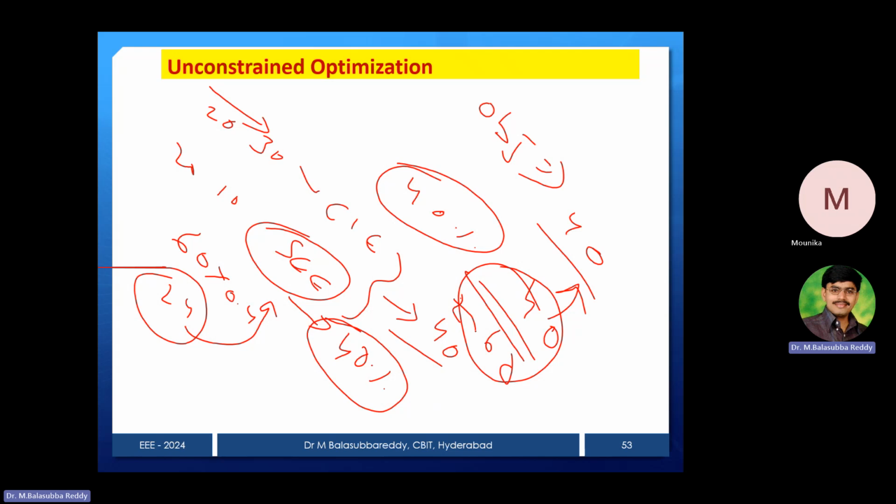Constrained means even if you score internal 40 out of 40, you must still secure 24 marks in the external, which is 40 percent of it. That we call a constrained problem.